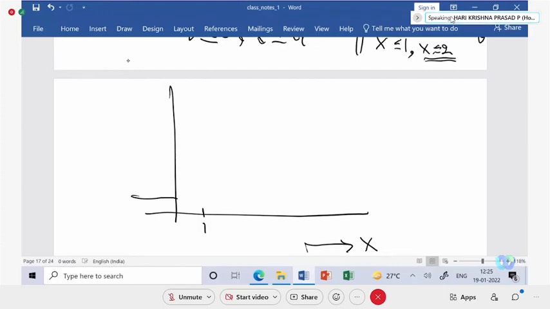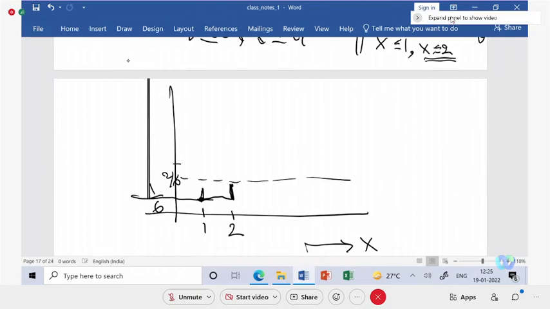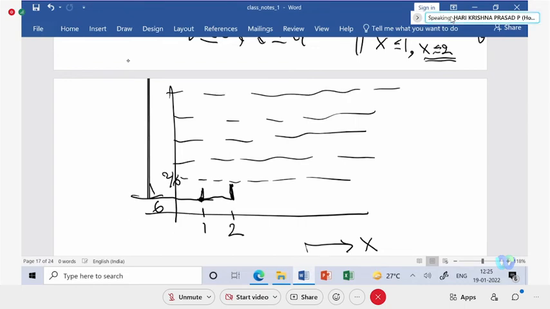When the random variable takes a value of 2, then here it goes up. This is 2 by 6, 3 by 6, 4 by 6, 5 by 6, 6 by 6. At 2, 1 by 6 is added, at 3, 3 by 6, at 4, 4 by 6.